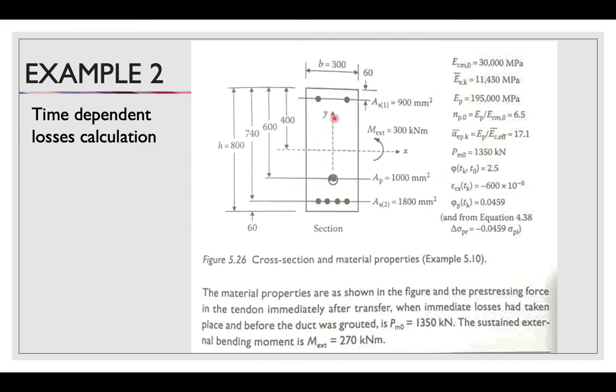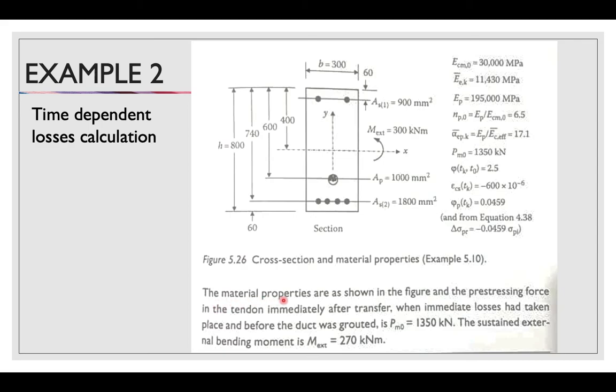We have one example here, which is a rectangular section with a total height of 800 millimeters and a width of 300. All the values required in the question, including all the coefficients, are given in this question. You can see that we have the modulus of elasticity and the coefficients already given.